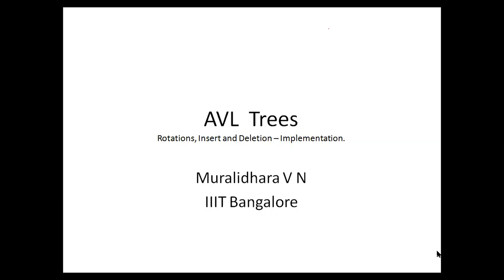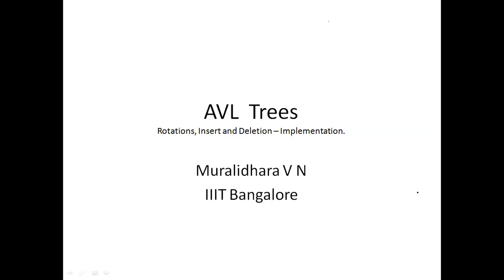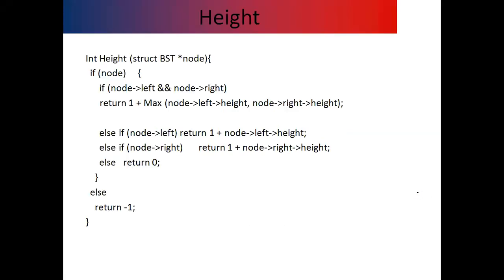One of the important utility functions that you need is called height, which will compute the height of the present node. Since we are going to update the height in a bottom-up fashion, when I come to a node, we can safely assume that the heights of the children of the node have been computed correctly. Once you make that assumption, the height function is pretty straightforward.